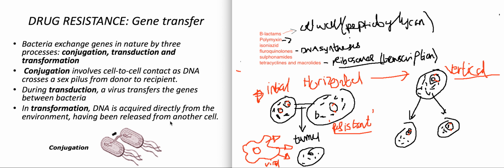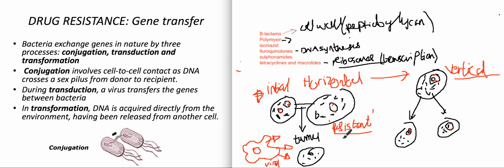In transformation, DNA is acquired directly from the environment, having been released from another cell. So transformation is when you release it to the environment and then these cells pick it up, whereas in transduction a viral cell comes along and passes it on, and conjugation is when two bacteria interact.